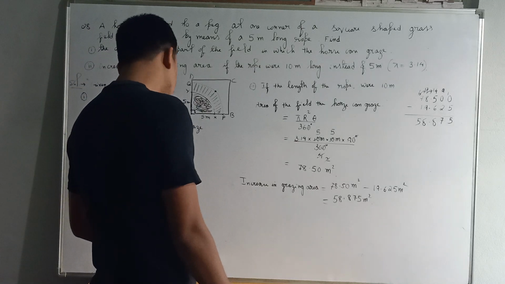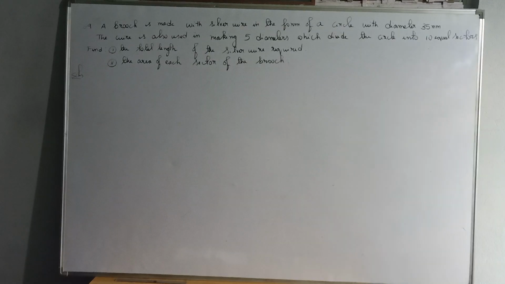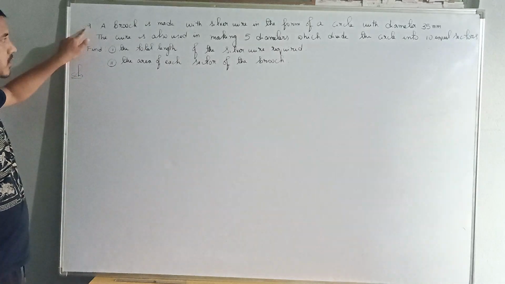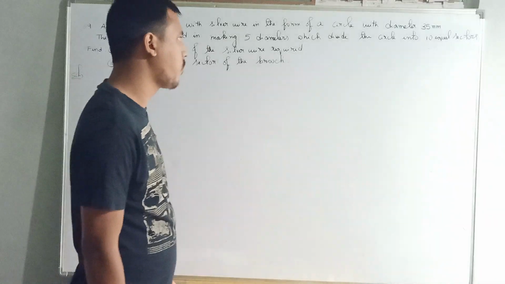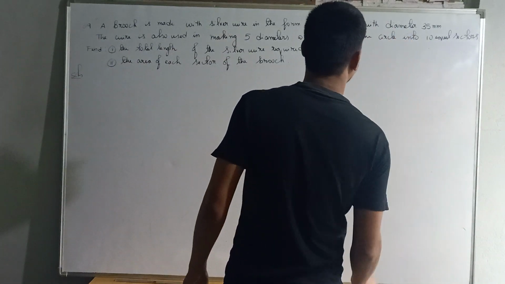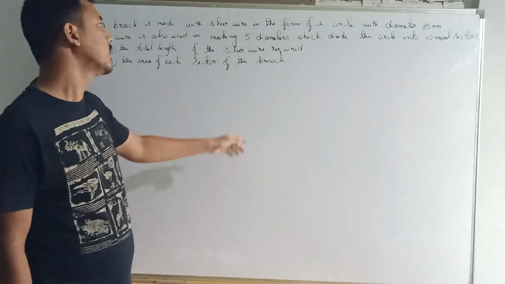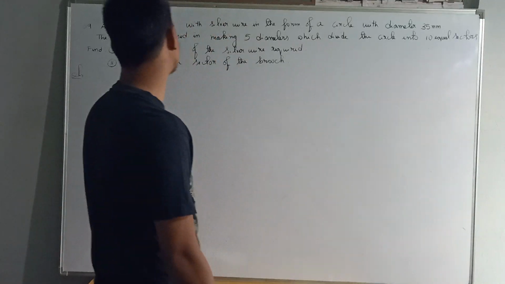We will proceed with the next question, question number 9. A brooch is made with silver wire in the form of a circle with diameter 35 millimeters.